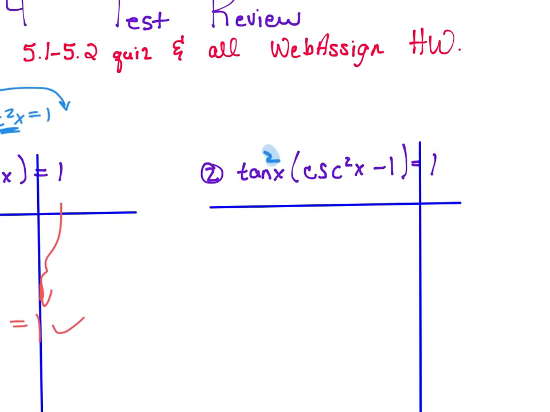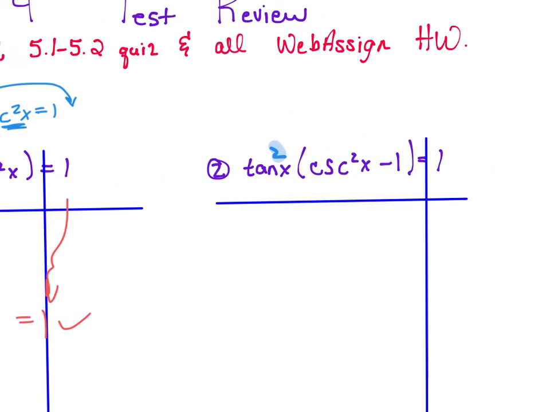But look at the second one. Remember, I told you guys yesterday, please change the tangent to tangent squared. If you look at your Pythagorean identities, cosecant squared minus 1 is the same as cotangent squared x over 1. And then I have times tangent squared x over 1.